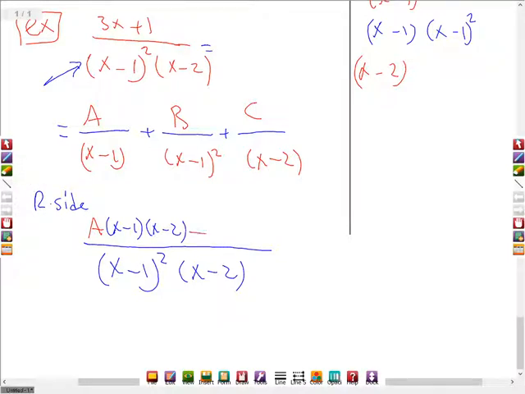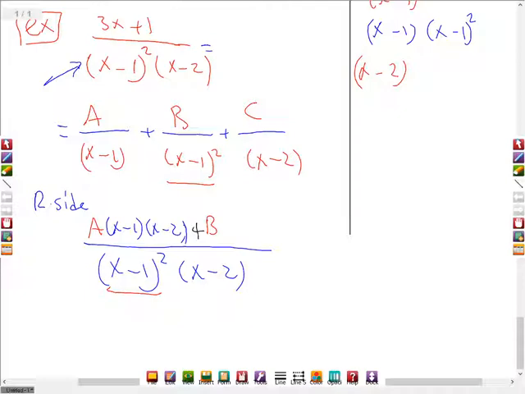Plus B: for x minus 1 squared, I need only x minus 2, because I have x minus 1 squared here, you see, this and this are the same.